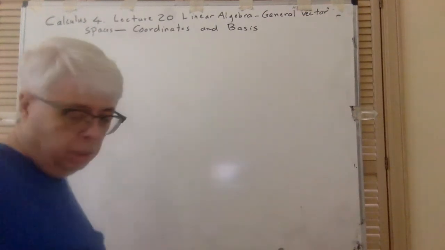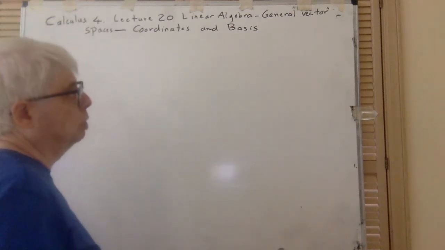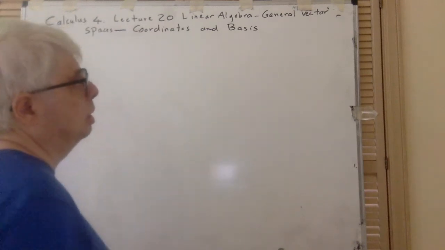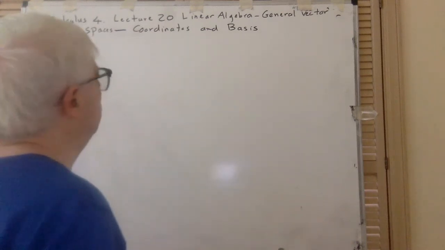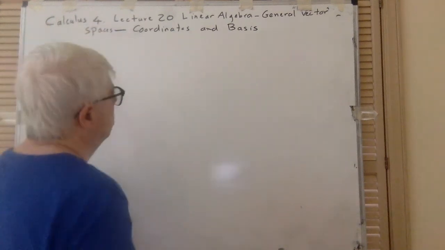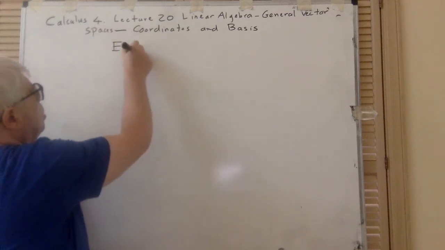And when it comes to differential equations, we will talk about the space of solutions, and that space has a basis, and so this will come up in the differential equations part of the course.